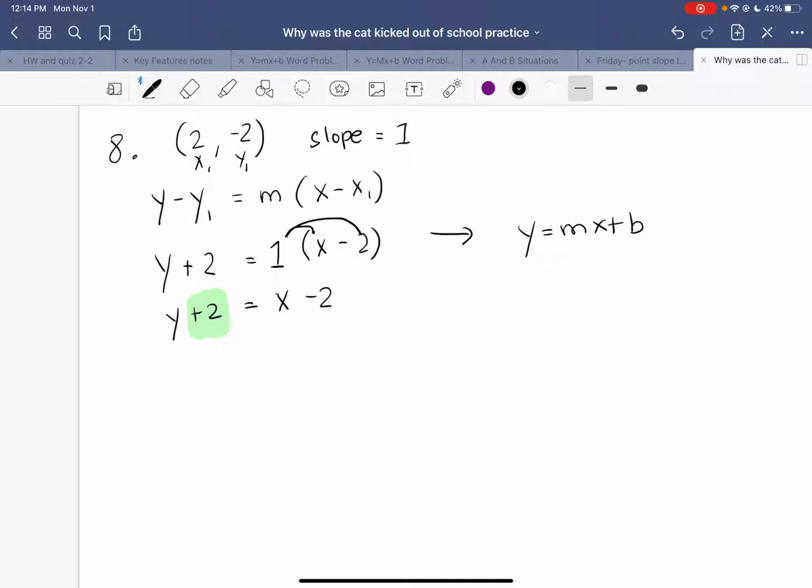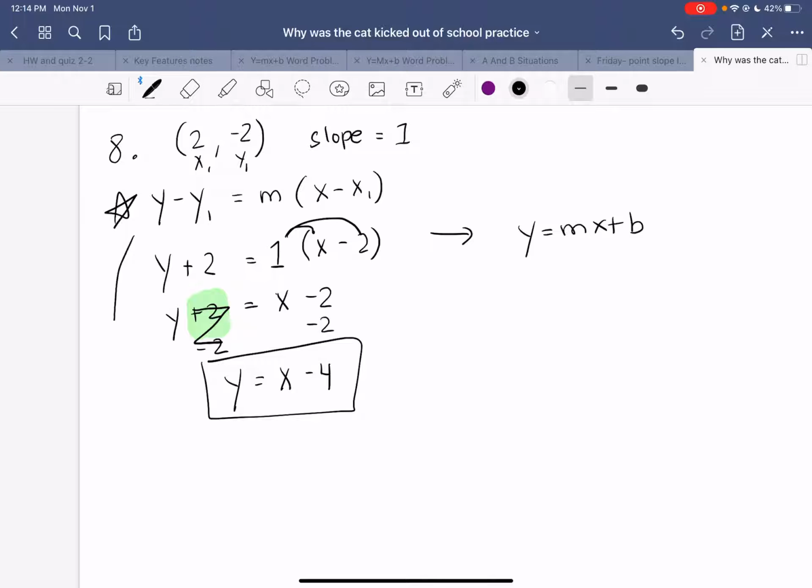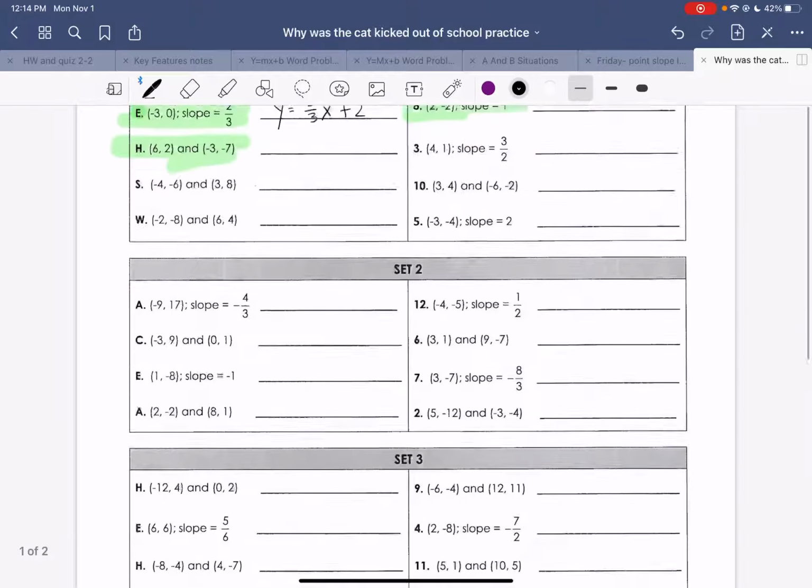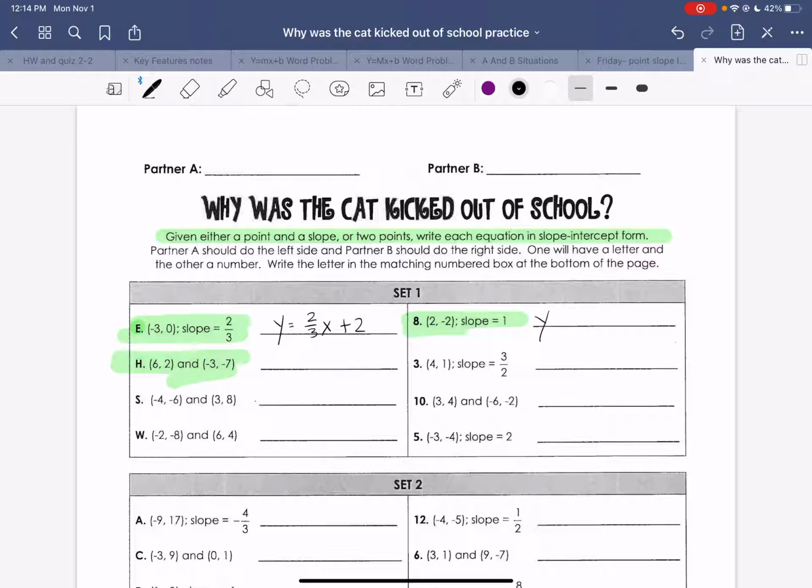So what would I do, Dylan? Subtract 2 from the y side. Okay, so when I subtract 2, I get y equals x minus 4. So we're taking it from point slope form to y equals mx plus b when given a point on the line and the slope. So the answer to number 8 is y equals x minus 4.